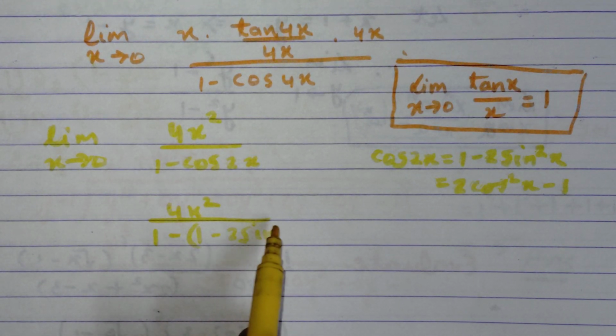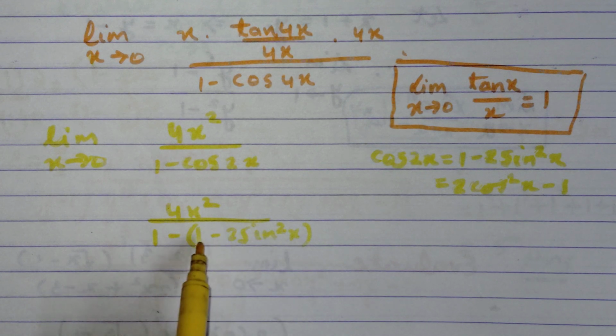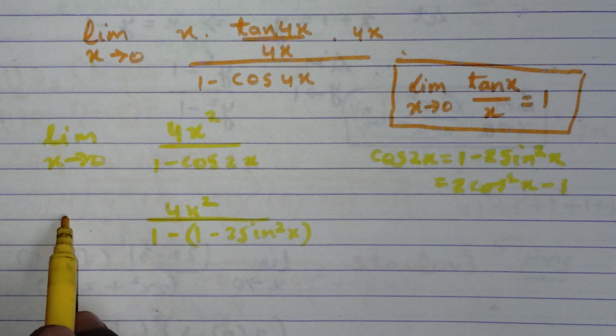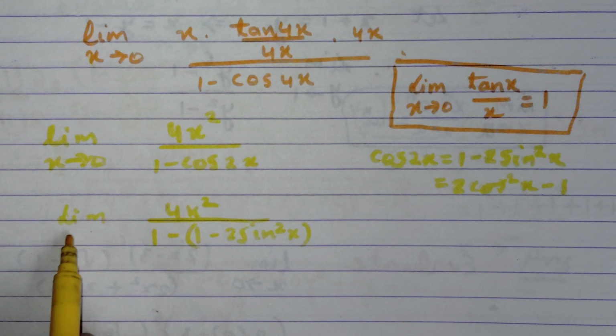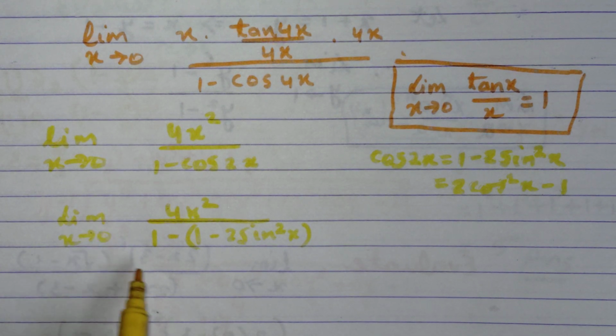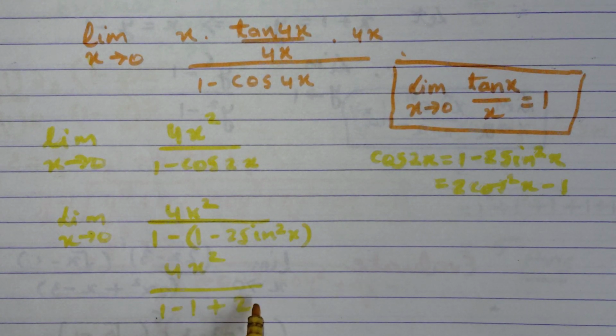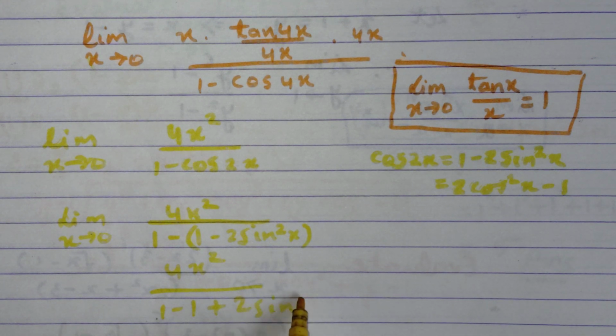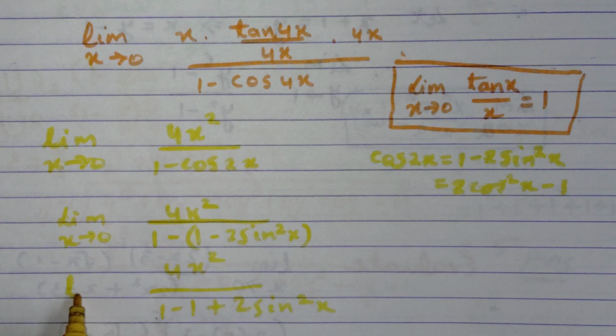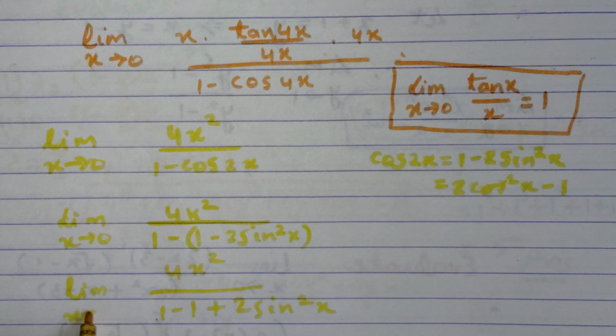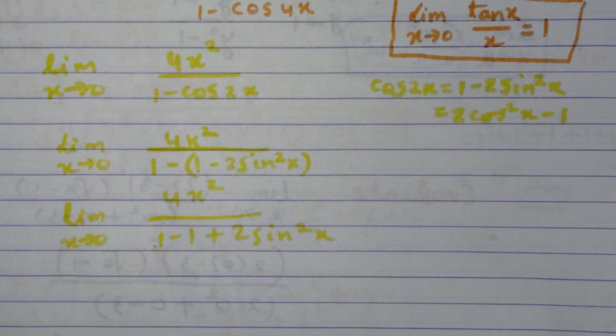When I replace this cos 2x with 1 minus 2 sin square x, the sign will change inside the bracket, and plus 1 minus 1 becomes 0 here, and this sign also becomes positive. So 2 sin square x will be left. Now 1 and 1 cancel, so 4x square upon 2 sin square x.